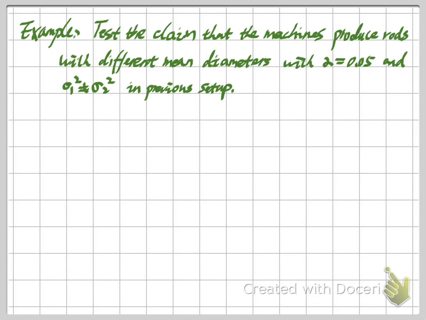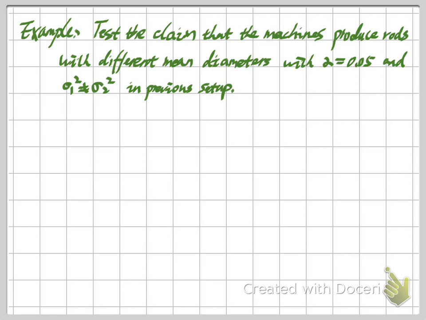We already have one example about the two machines producing rods, and we also have the sample mean and sample variance, x1 bar, x2 bar, and s1 and s2, from the previous question.